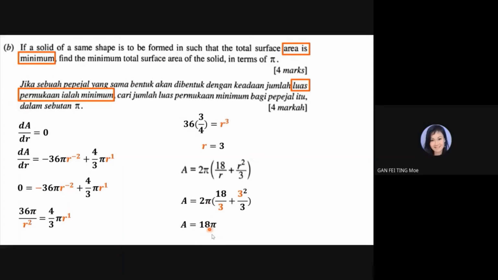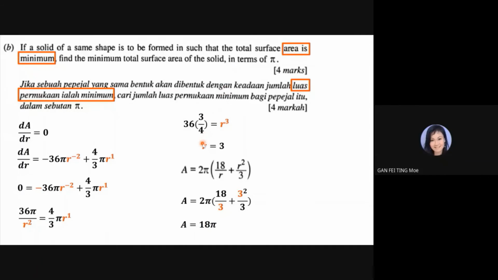It is 18 pi. For a HOTS question, I might say the area can be 17.9 as the minimum area. So you have to work this out. You know that the minimum is 18 pi. 17.9 is below, so it shouldn't be that one. Depends on the graph.